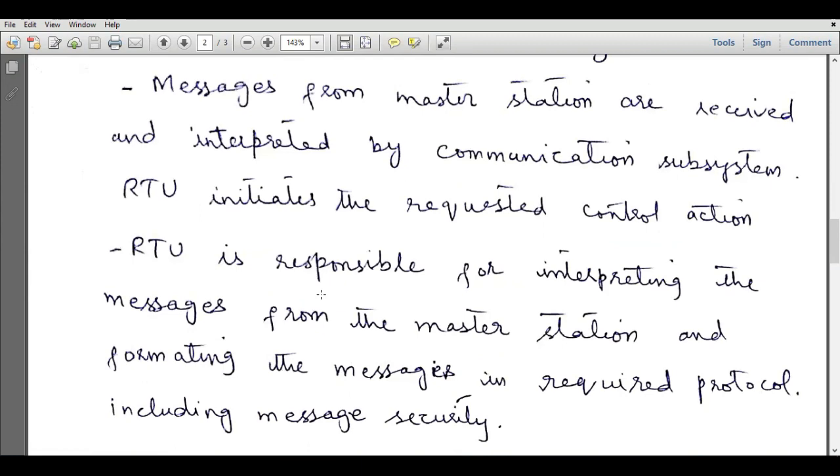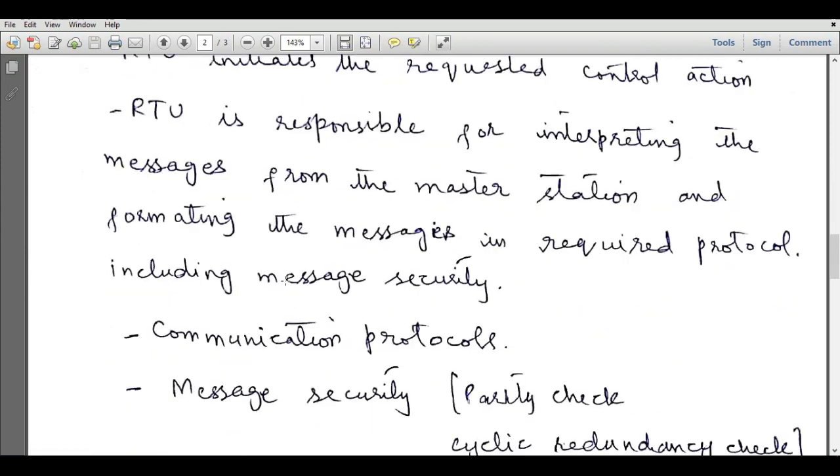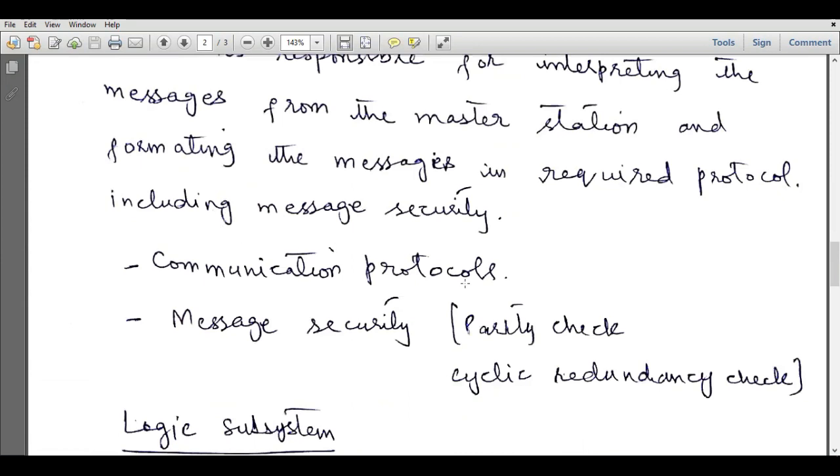So these are the tasks which are performed by RTUs, and communication protocols are used. Then we have message security, which is confirmed or ensured by parity check and cyclic redundancy check.